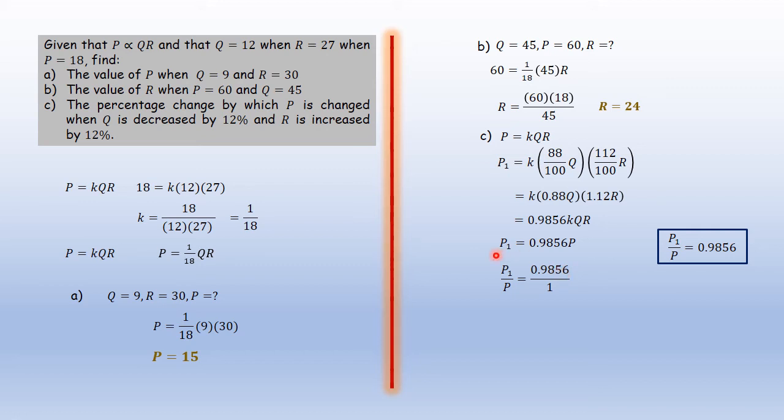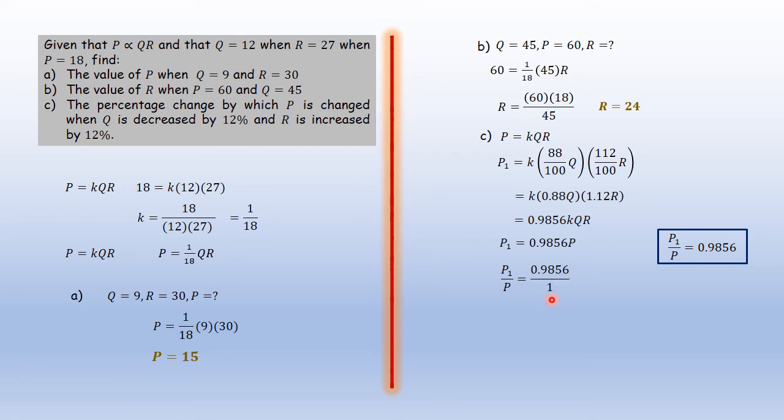And so from this expression, we have two ratios which imply that when P is 1, P1 is 0.9856. We would be saying that P was originally 1, but now it's 0.9856.